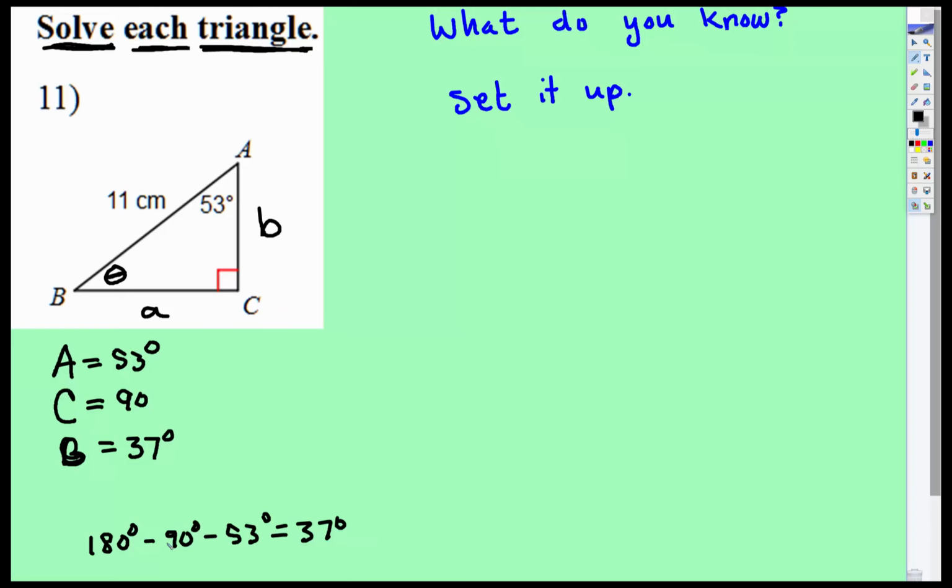All right, now that we know what theta is, let me go ahead and erase the theta sign, or angle B. We can go ahead and put 37. All right, now we need to find side A and side B. Okay, so let's see what we have.